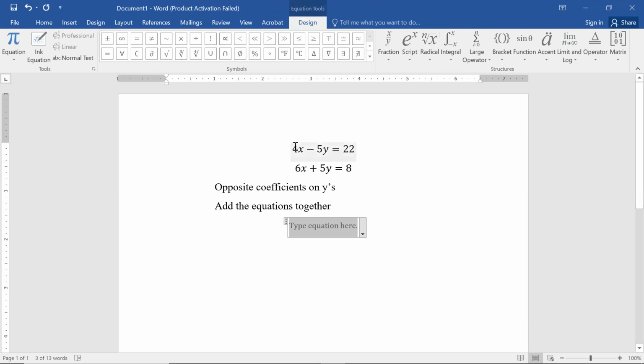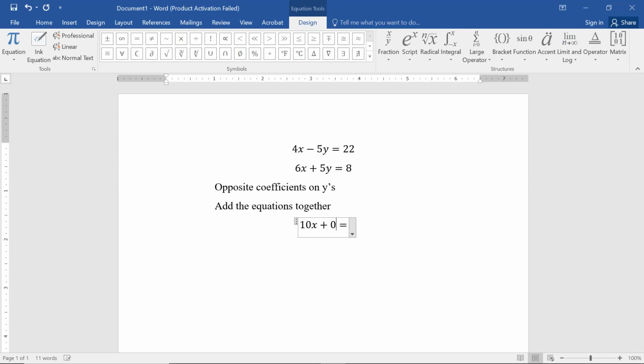So when you add 4x plus 6x, you end up with 10x. When you add negative 5y and positive 5y, you end up with 0y, or just 0. Since I don't have to write down 0, I'll just keep 10x on the left, and I won't write the plus 0.